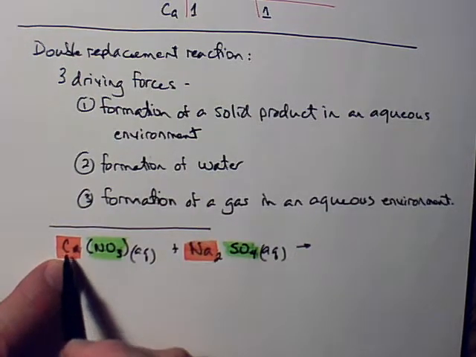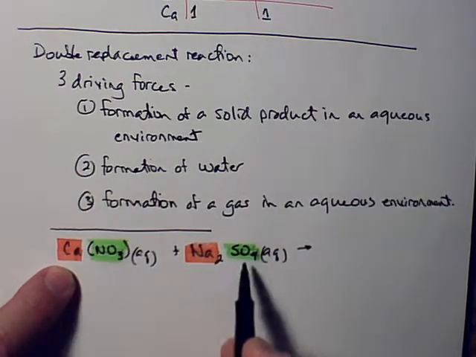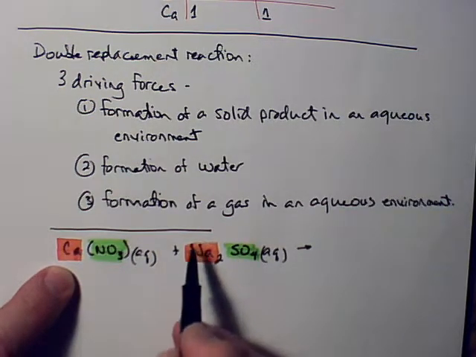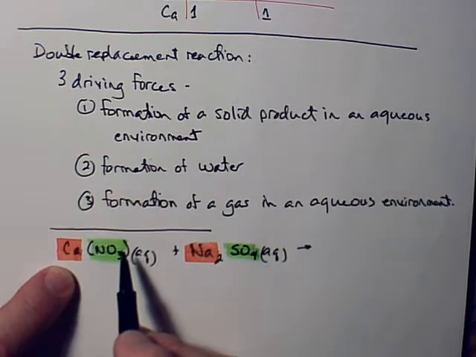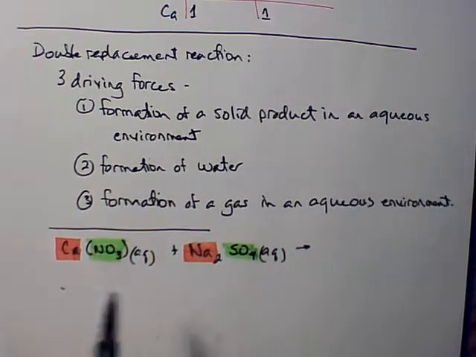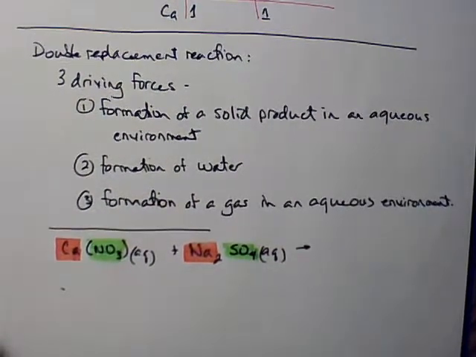So in a double replacement reaction, the front part of the first compound joins up with the back part of the second.